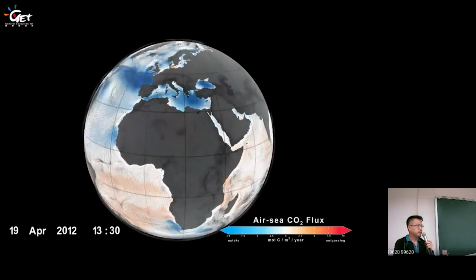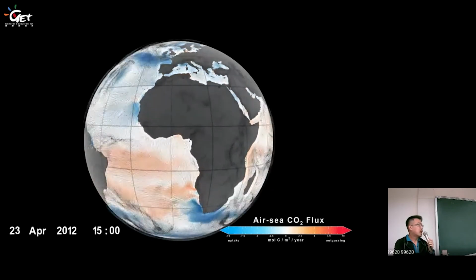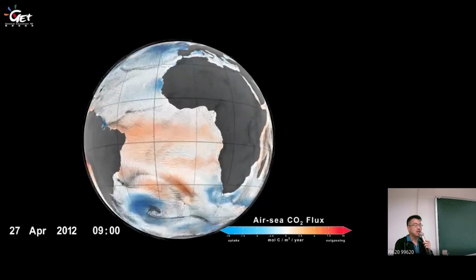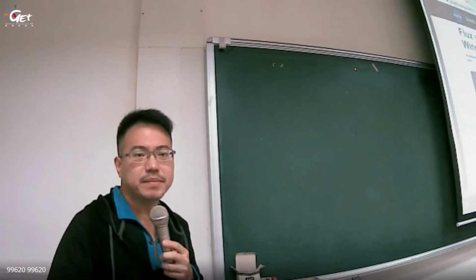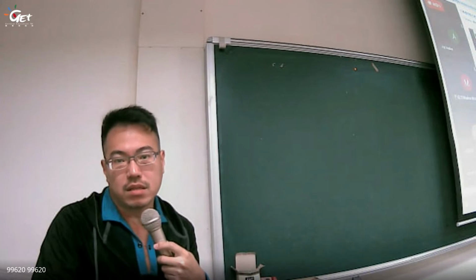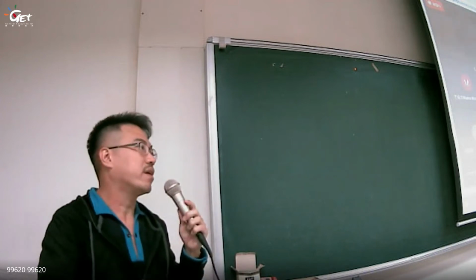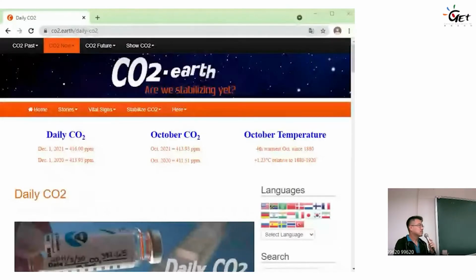Use your cell phone to find the carbon dioxide density in 2021. Let's see, can we find the data? Maybe or maybe not. It's very easy to understand that the density of carbon dioxide in our air is rising, increasing annually.